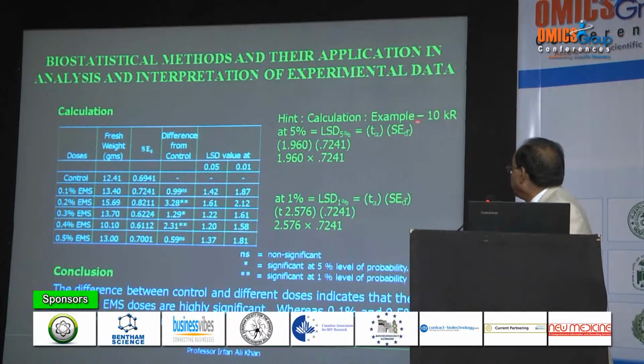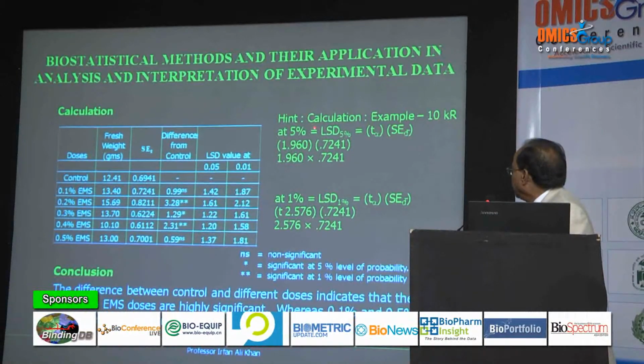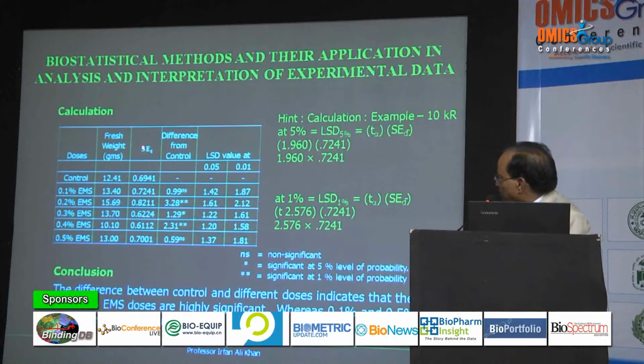I have given the hint here, you can calculate this here. For example, at 5%, you can calculate this value here, 1.960 and 0.7241, you will get some value, and on the basis of that value, in this style you can calculate these values and compare the difference from the control.